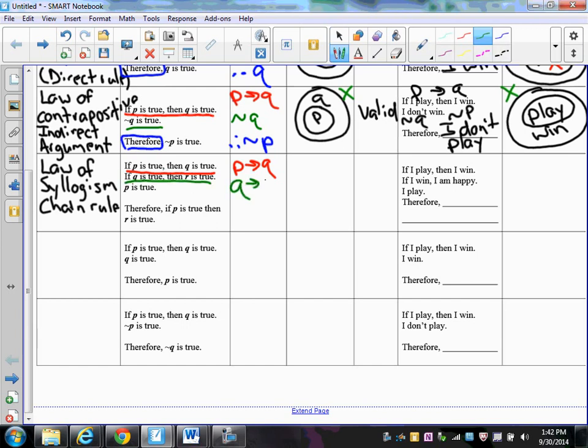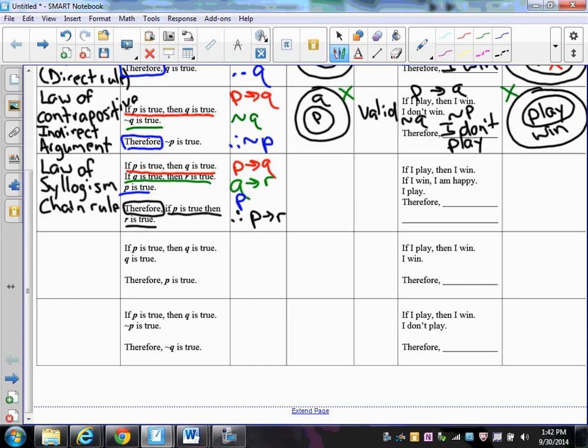So if Q, then R. Then we have P is true, so it's just P. And lastly, we have therefore. Again, therefore is the three dots. If P is true, then R is true. So P, then R.